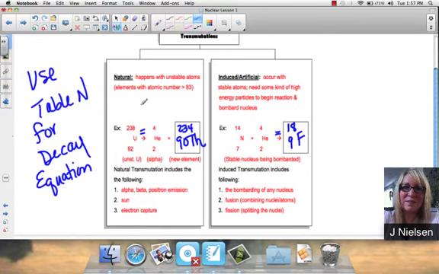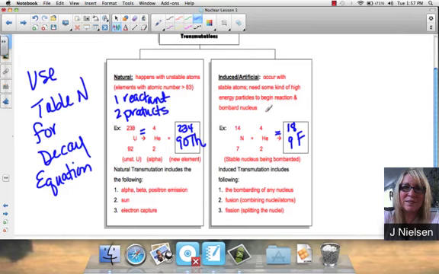So in natural, we have 2 reactants normally. I'm sorry, 1 reactant. We have 1 reactant and 2 products.